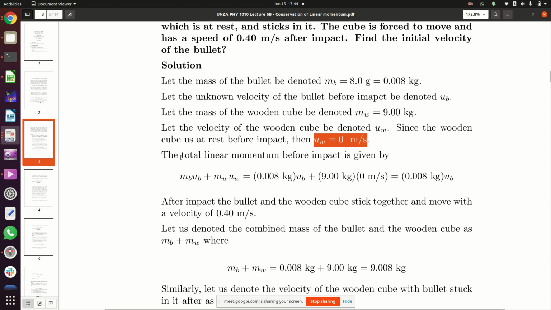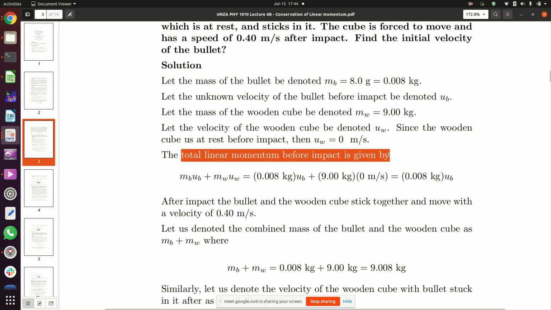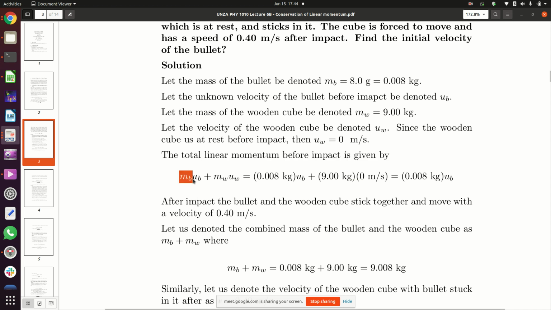So with this information, we can work out the total linear momentum before impact. That's going to be the mass of the bullet multiplied by the velocity of the bullet, ub, plus the mass of the wood multiplied by the velocity of the wood. So this is going to give you the mass of the bullet, 0.008 kgs multiplied by ub, plus the mass of the wood, 9 kgs multiplied by the velocity of the wood, which is 0.